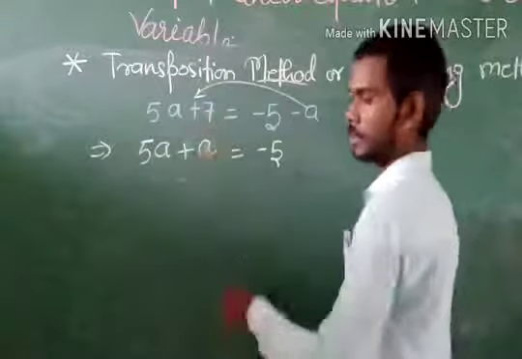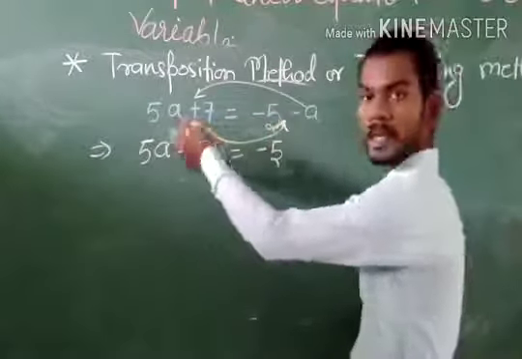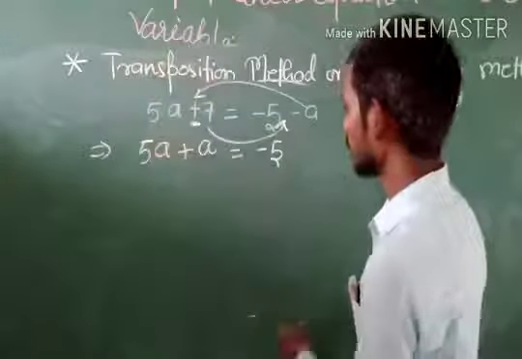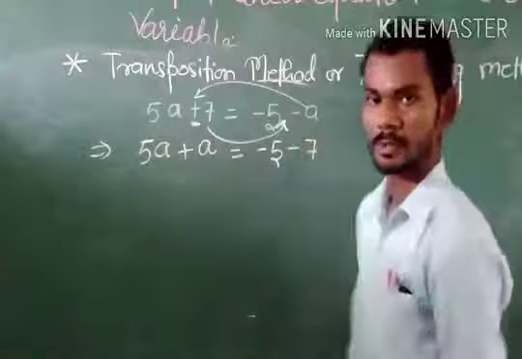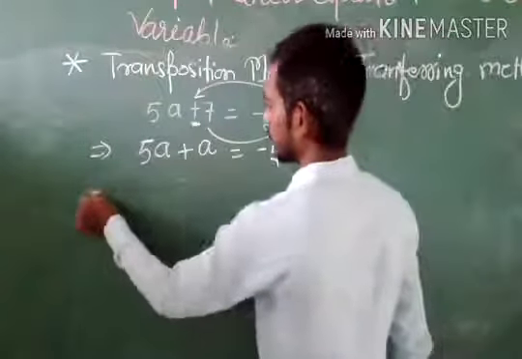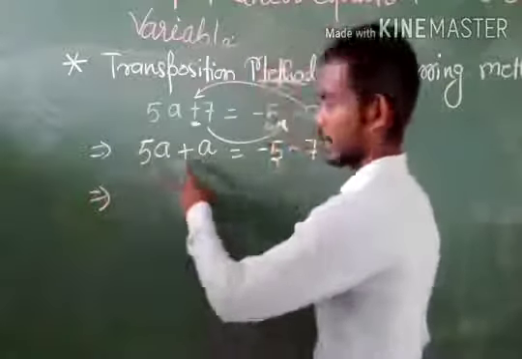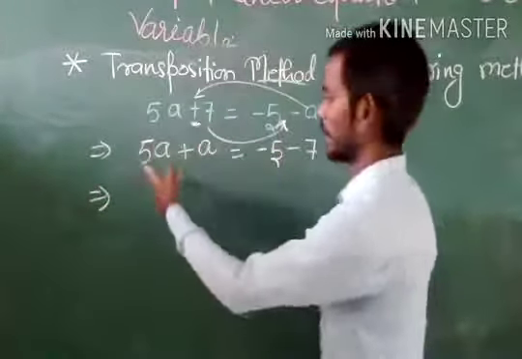When plus 7 goes to the right hand side, the plus becomes minus, so we have minus 7. Is that clear?